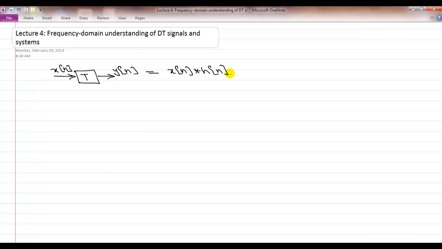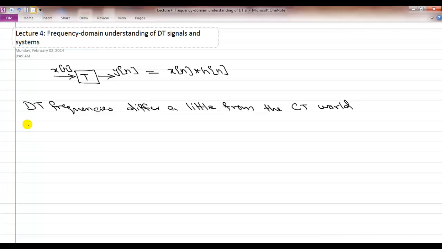And the answer is yes, but to be able to answer that question of what is the frequency domain interpretation, we first need to understand the concept of frequencies in discrete time, which is a little different than in continuous time. So discrete time frequencies differ a little from the continuous time world.